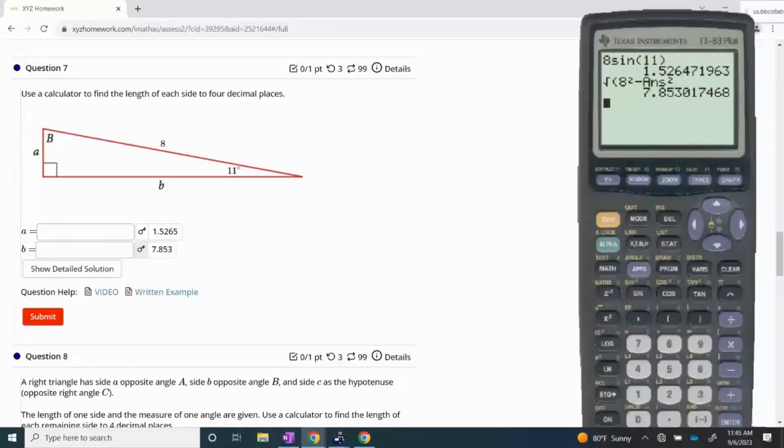All right, any questions about number 7? How did you get the answer for A? This 1.5265? Say that again? So how did you find A squared? Like when you found B, how did you get A squared?